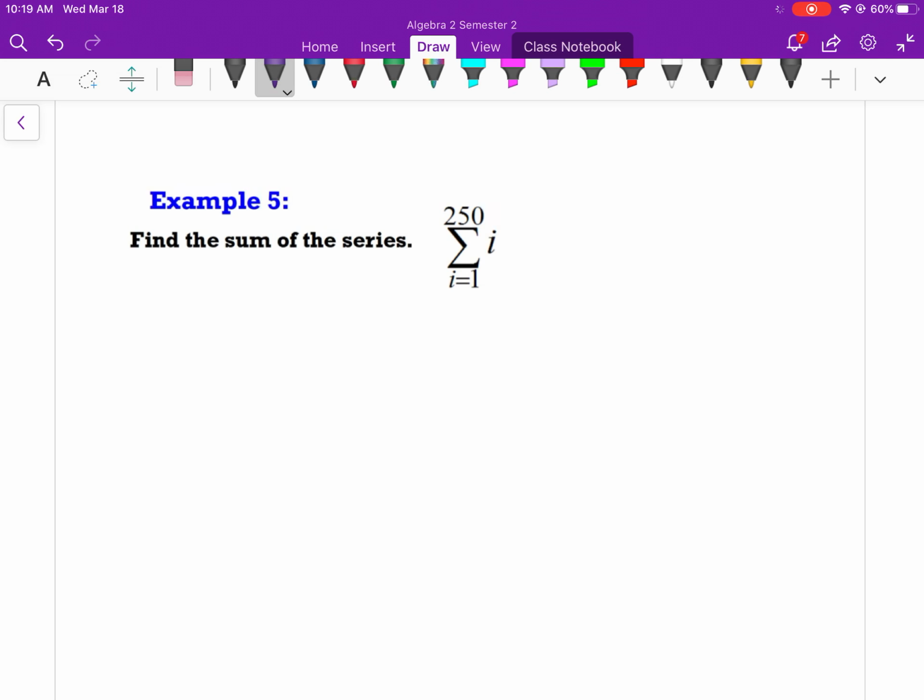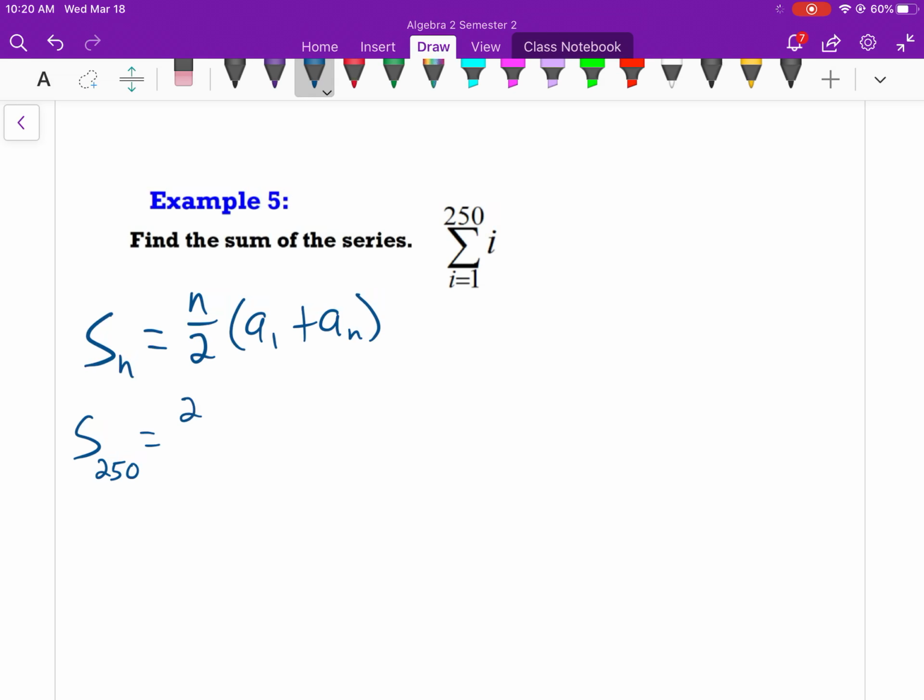Okay, this next problem is from, I think, the second day of sequences and series. I said that we have a formula, which we do have for it now. So, S sub n is equal to n over 2 times a1 plus a sub n. So if we have the summation of the first term through the 250th term, that's a sum of S sub 250.